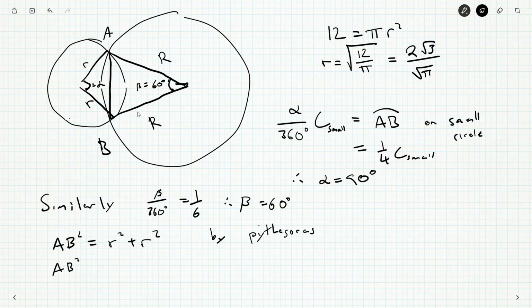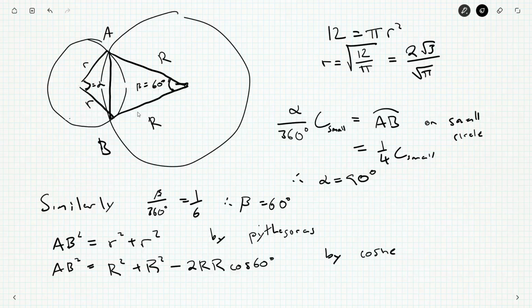AB squared is capital R squared plus capital R squared minus 2 R squared cos 60 by the cosine law, which we remember from an earlier grade, most likely grade 10, but I'm not up on my Manitoba curriculum. But now I have two expressions here.